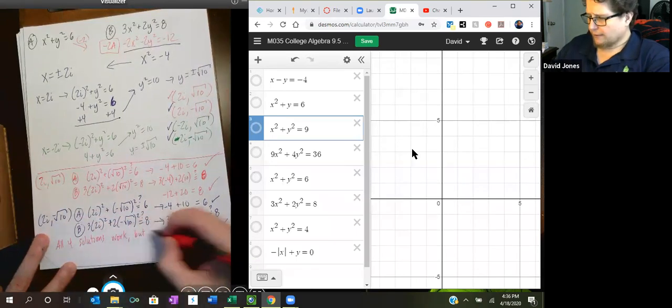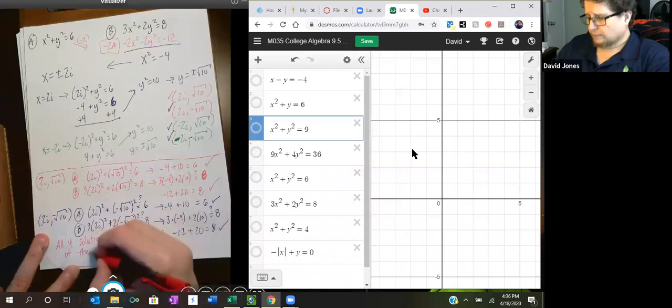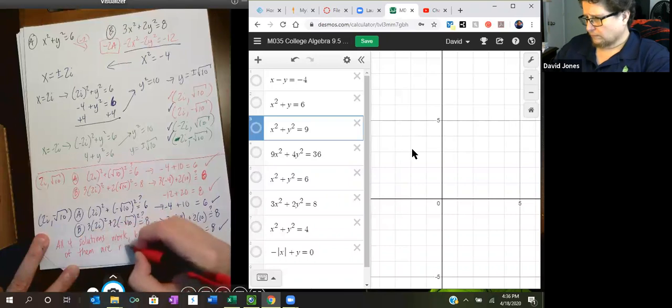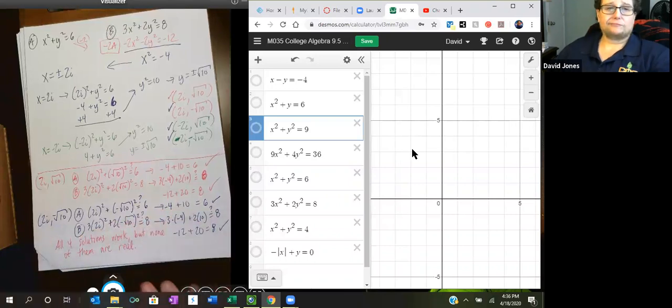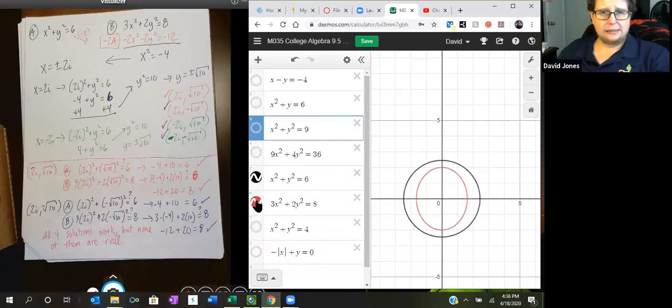But none of them are real. They all have complex components in it. What happens if we look at that over here? We can see the graphs never touch, not in the real plane.